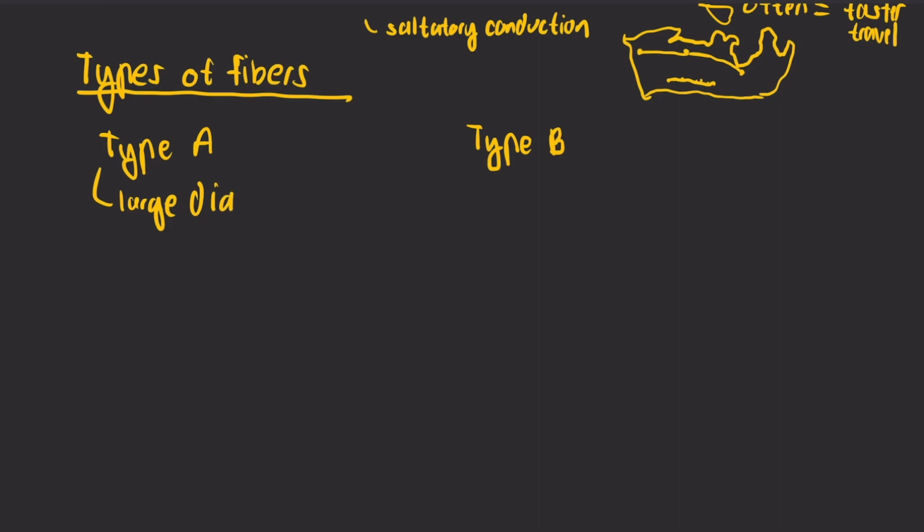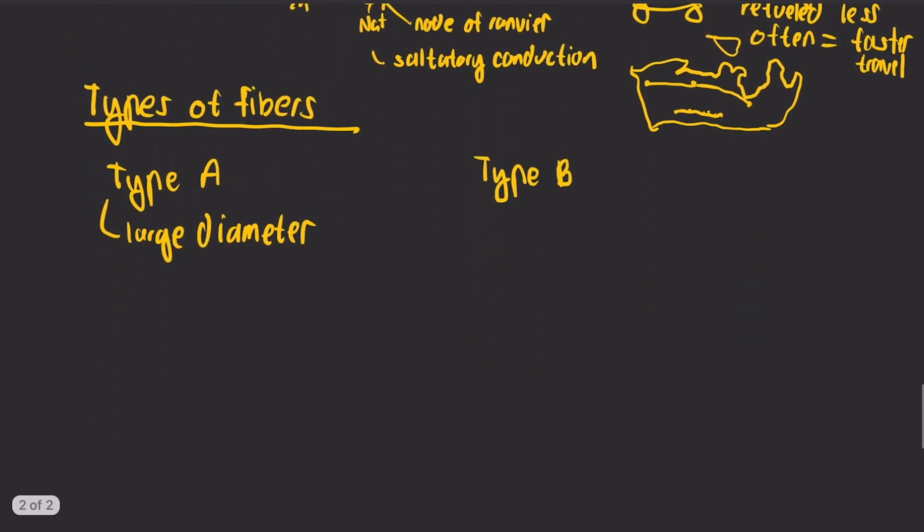And if you have a large diameter, as we mentioned, we are going to have less resistance, okay? And this will generally propagate around 100 or 130 meters per second. And this is found in most sensory neurons, motor neurons, and skeletal muscles.